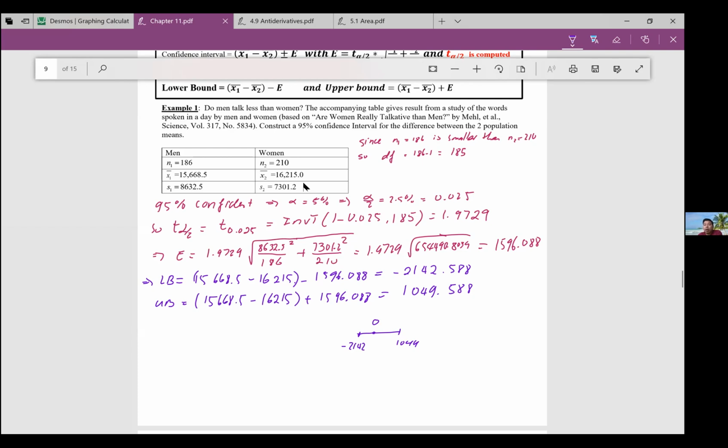So if we look at the amount of words they talk here, you can see clearly women talk more than men. But it's not going to be a fair comparison because one has a smaller size than the other, so we cannot base it on that. We have to do a hypothesis test to see whether it passes the test or not.